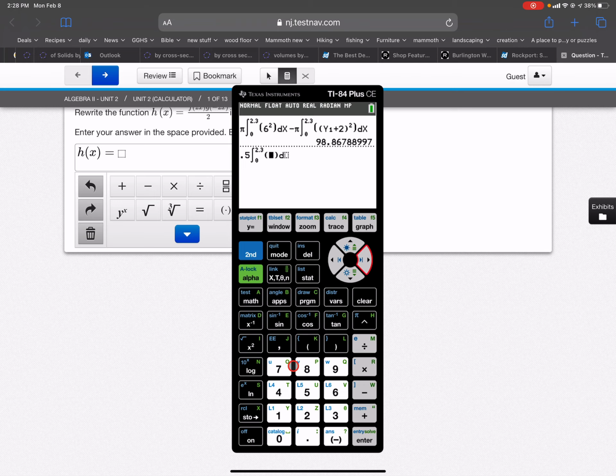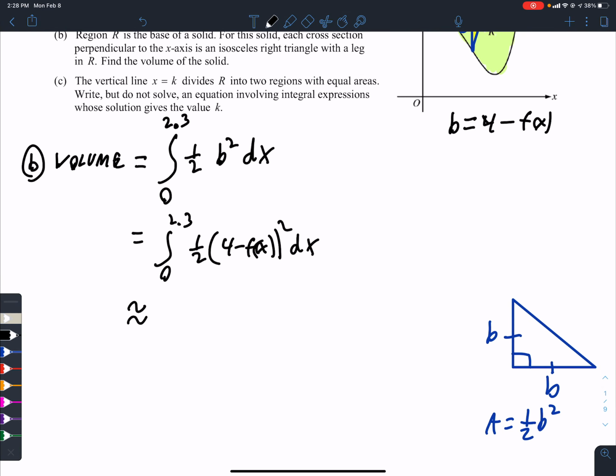So big Y, parentheses, 4 minus small y was y1. And I'm going to square that, dx. 3.573 or 3.574. 3.573 if you truncate, or 3.574 if you round off.